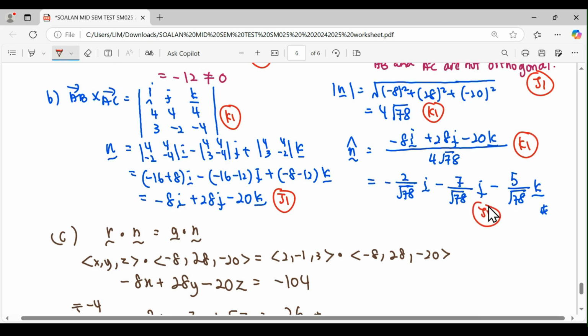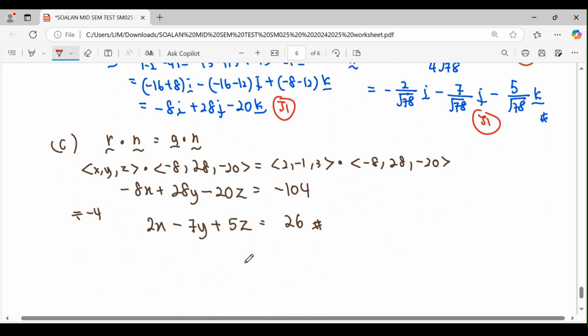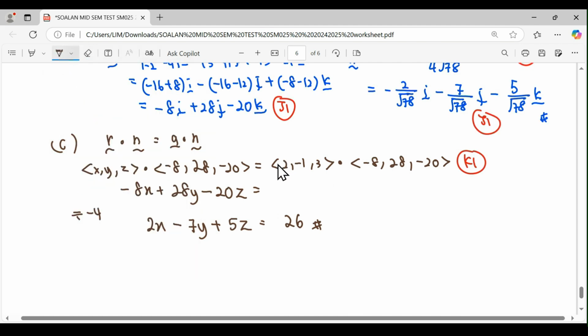Then the question C is asked for Cartesian equation. So Cartesian equation formula r dot n a dot n. So this is our formula. Perform your dot product here, 1 marks. Alright, so we didn't skip this. We better simplify it, show out the method one by one.